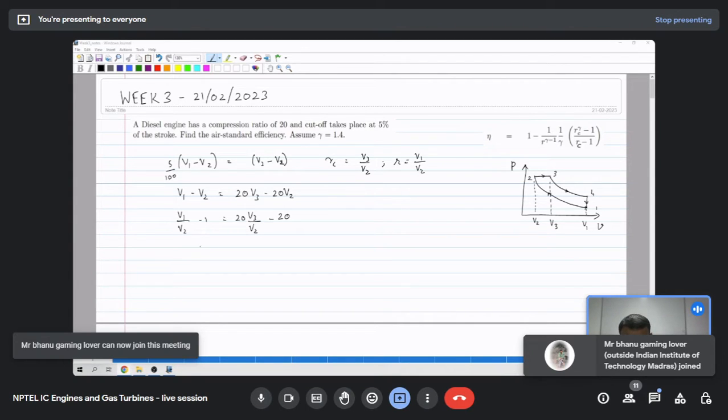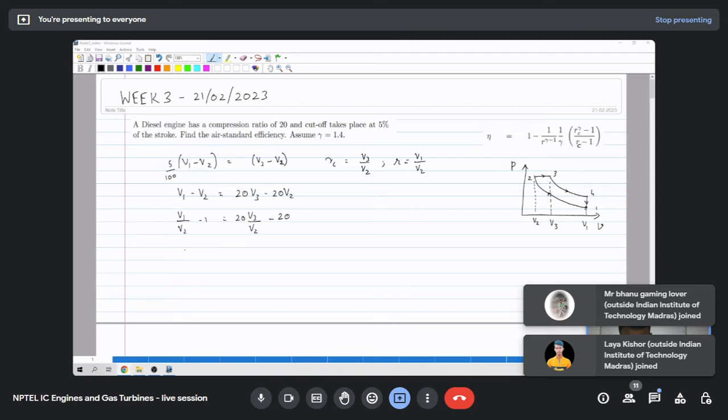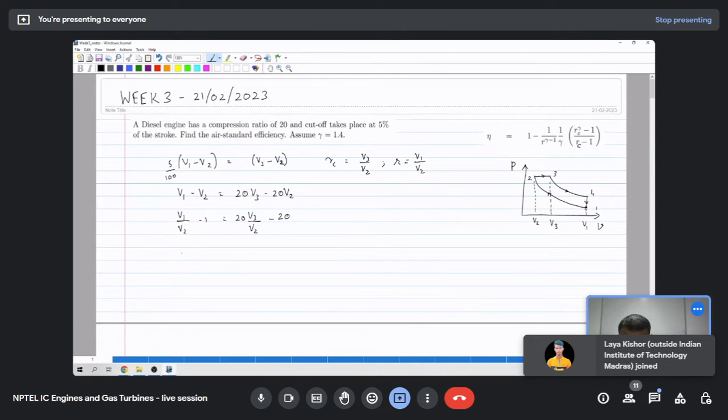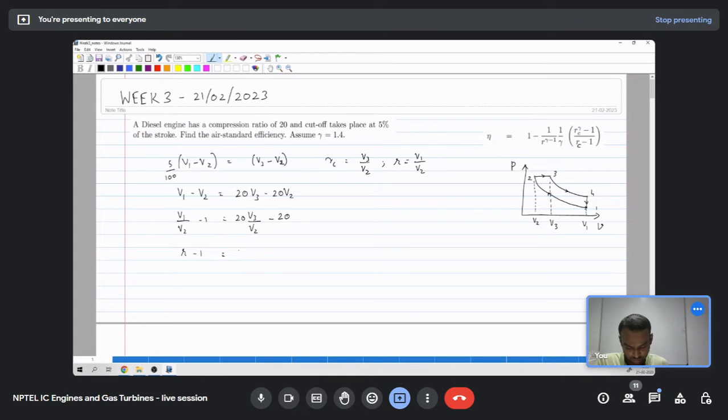Now I will have r minus 1 equal to 20 rc minus 20.